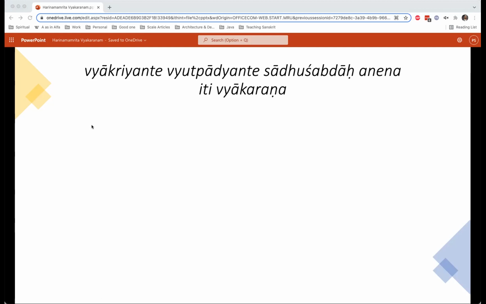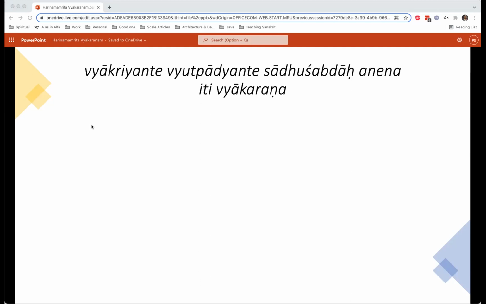And it says sadhu shabdaha, derivation of good words. I can make any word in Sanskrit. Let's say there is the word Krishna, then I can say Krishneni, something like that, and then try to explain some meaning.